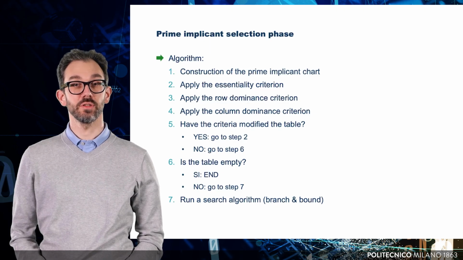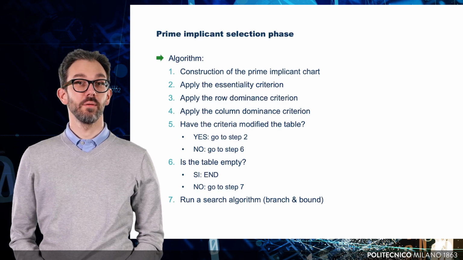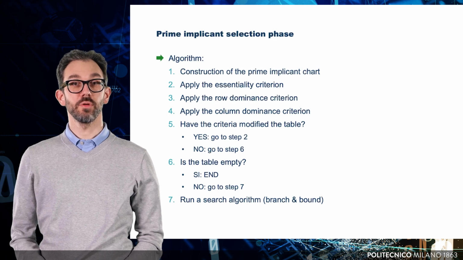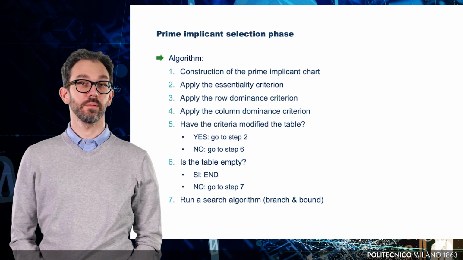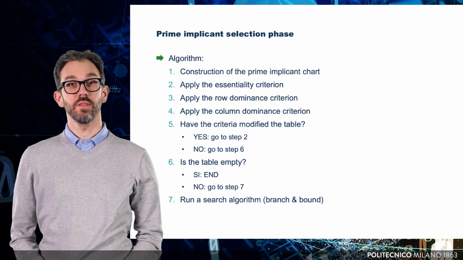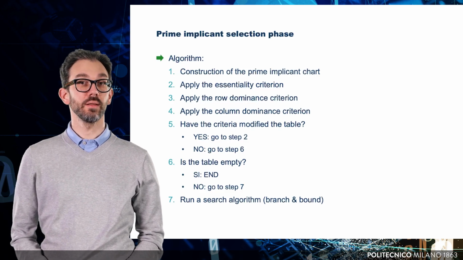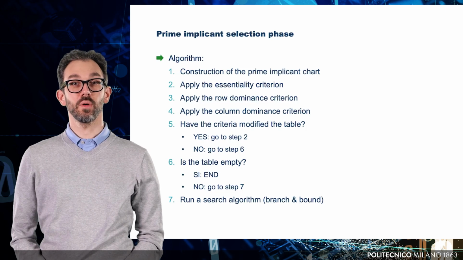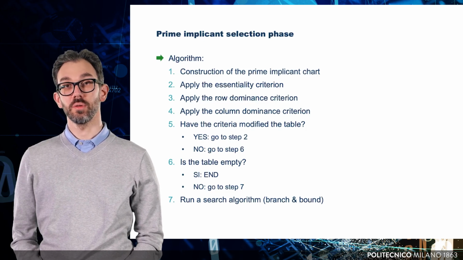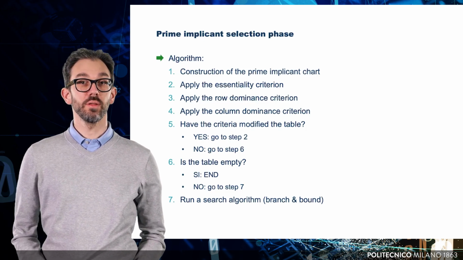After applying these criteria, we check whether they have modified the table. If they have, we repeat the process starting from the essentiality criterion. If not, we move to the next step. Then, we check if the table is empty. If it is, the algorithm ends. If not, we proceed to execute a search algorithm, such as branch and bound, to complete the covering solution.